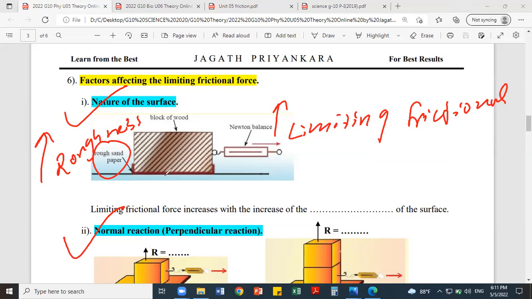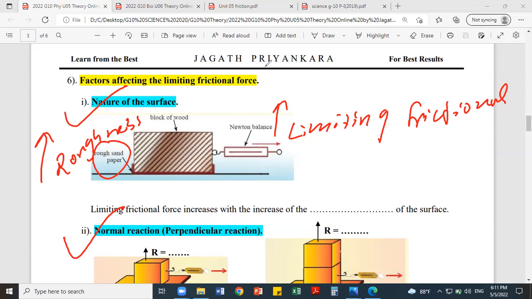There's a number code, like 100, 120, 150, and with that number the roughness will change. You can paste this to the surface in contact with the block of wood, pull the block through the Newton balance, and record the reading of the balance when it's just about to move.